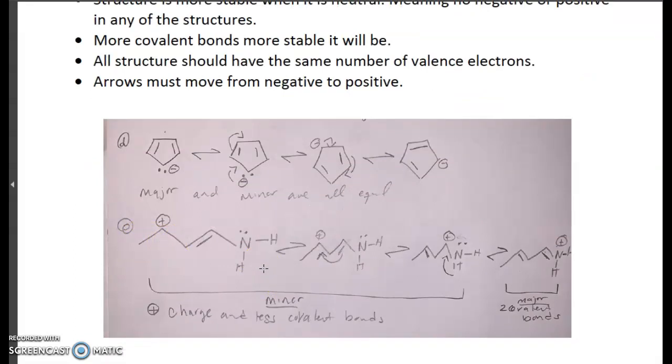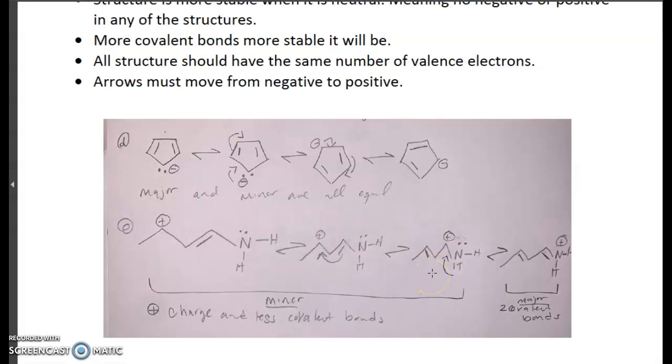The last one, I had this here, which is 1, 2, 3, 4, 5, and you have the ammonia at the end, and H2 with a single lone pair here. You see that double bond here and then the positive charge. That double bond is going to shift over to the left, and that positive charge will jump over to the other side.